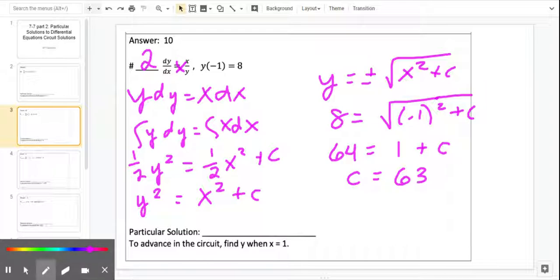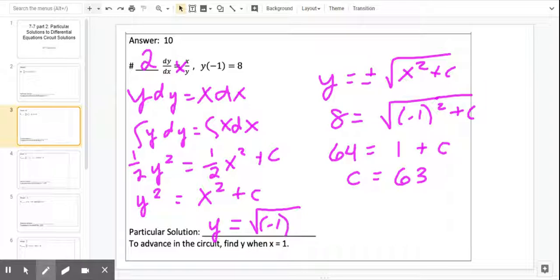So our particular solution here is y equals the square root of x squared plus 63. I don't know why I just wrote a -1. That should be an x. Sorry. So now to go forward, we need to find y when x equals 1.